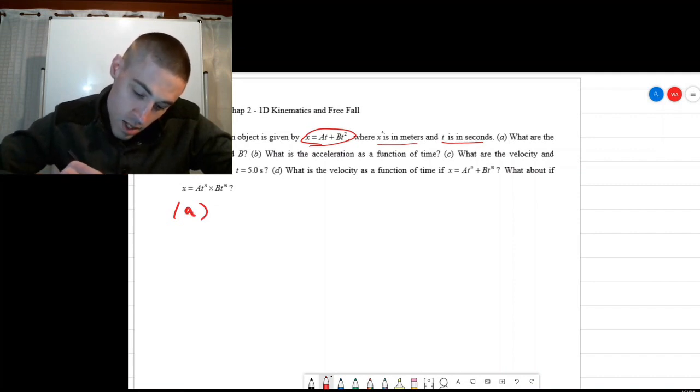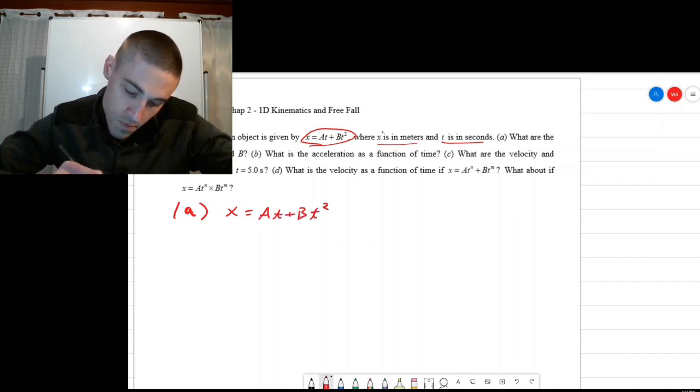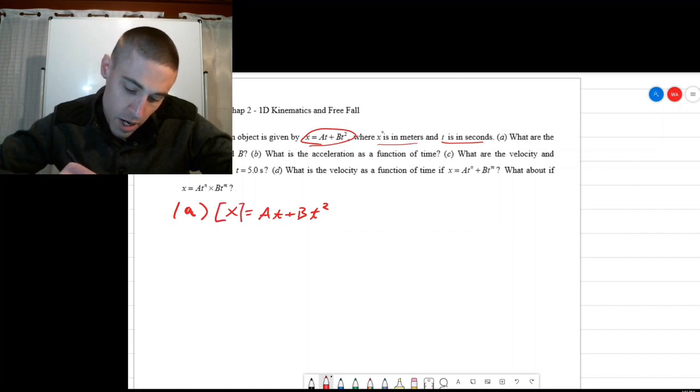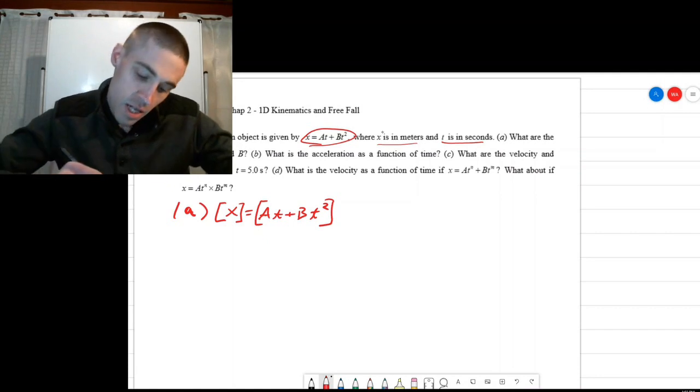Well, I can write x equals a times t plus b times t squared. And I know that if I take the units of both sides of this equation, they'll be equal to one another. So I use square brackets to refer to the units of these quantities.